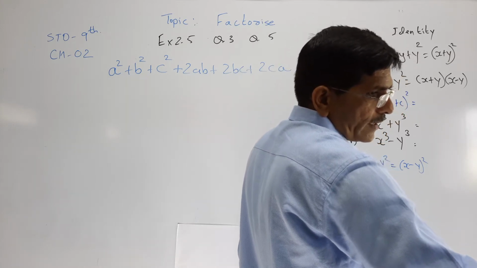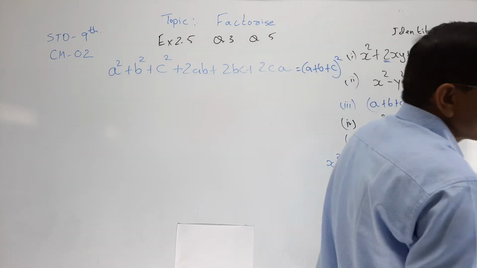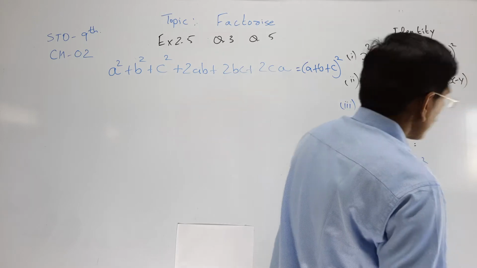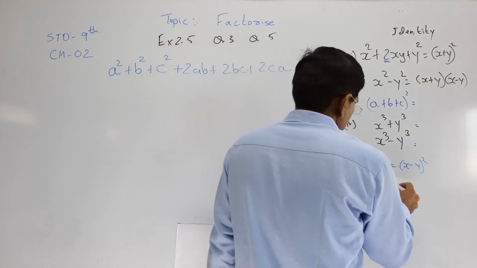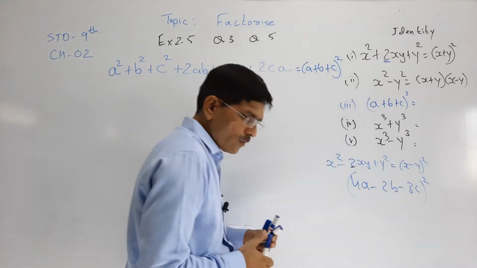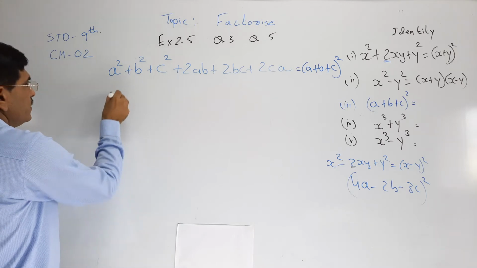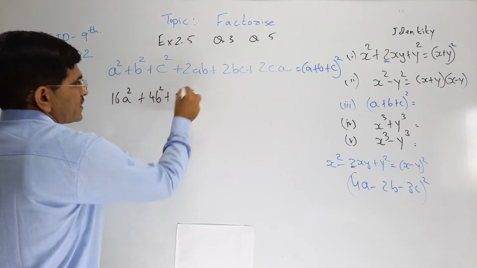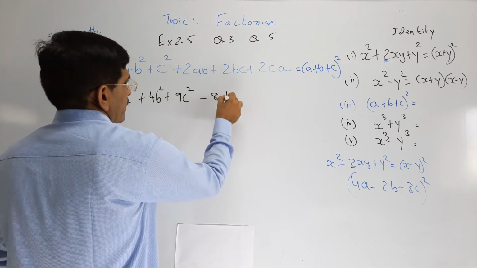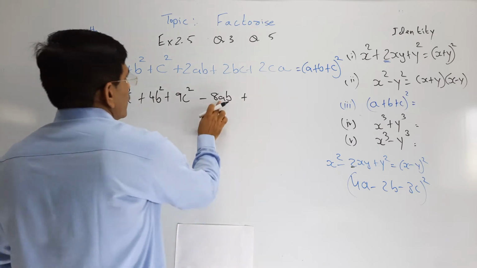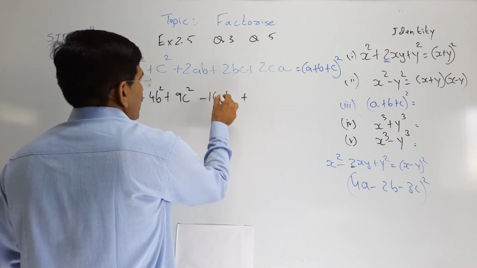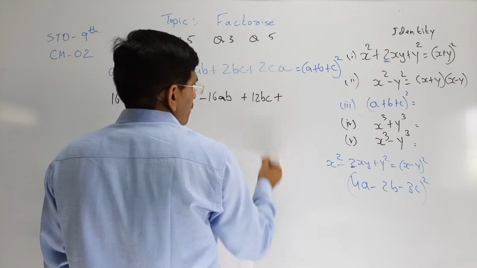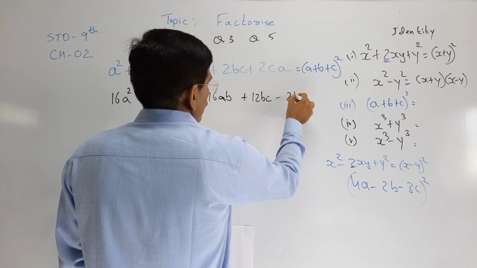then we know how we can do it. So now I write one question: 16a square plus 4b square plus 9c square minus 16ab plus 12bc minus 24ac.